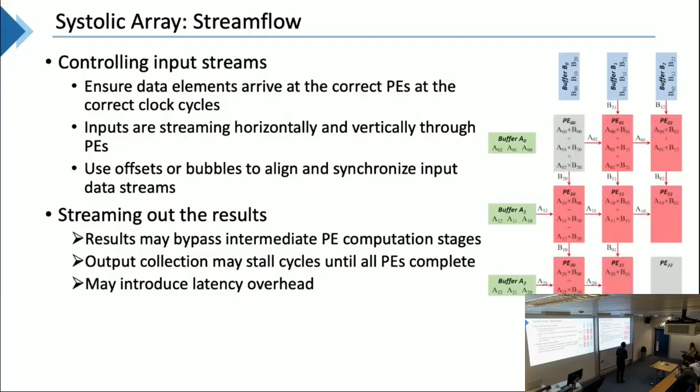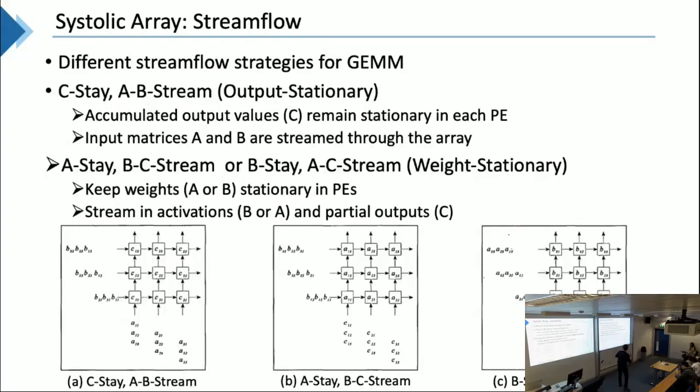So this is one thing you need to be careful about. The other direction is more straightforward; they're just different directions, but they're the same, right? You need to have some offset where you feed the data in, to make the data arrive at the right timing and get multiplied with the right number. So this is the systolic array.